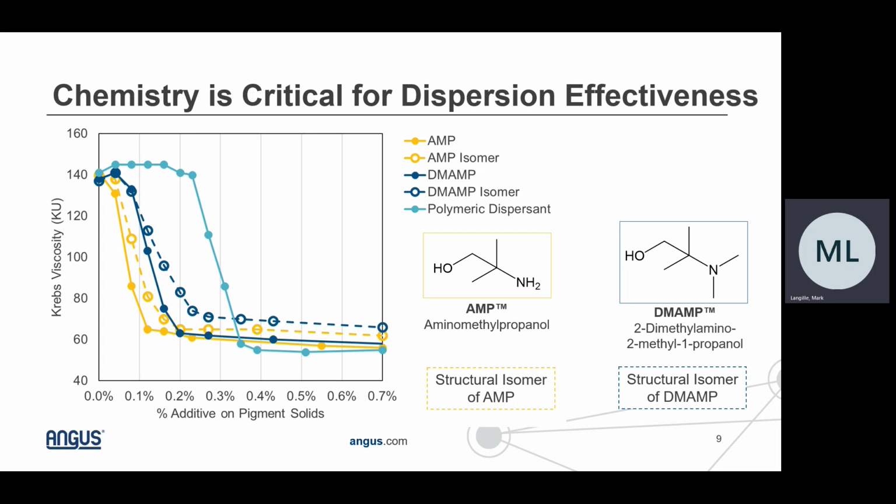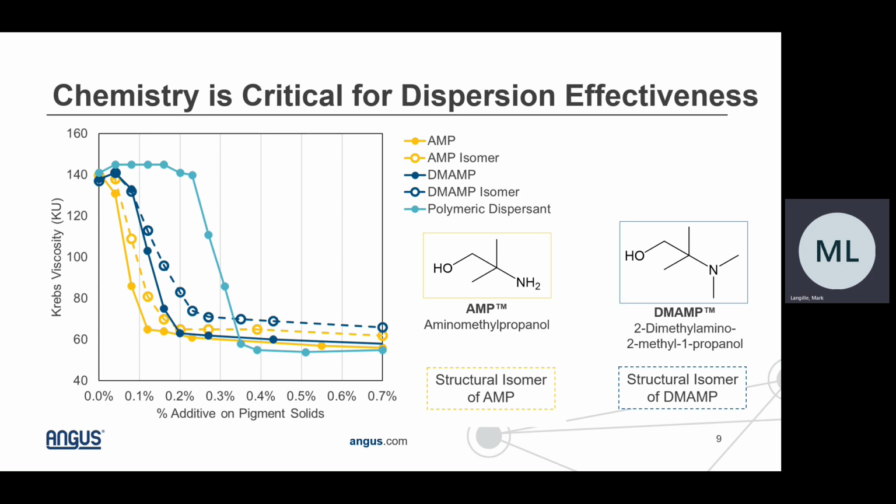To illustrate this, there are a number of dispersant demand curves on the plot on the left. The solid yellow line data is for aminomethylpropanol, while the solid blue line data is for DMAMP, which is the dimethyl version of AMP. I can show you the specific chemical structures of these two materials because they are commercially available, but we synthesized structural isomers of these two materials, which are the corresponding dashed data points.